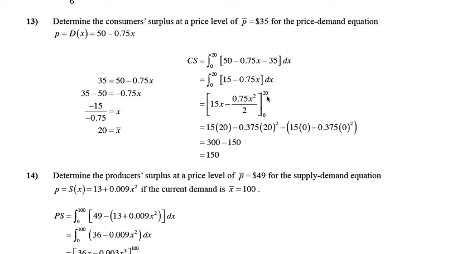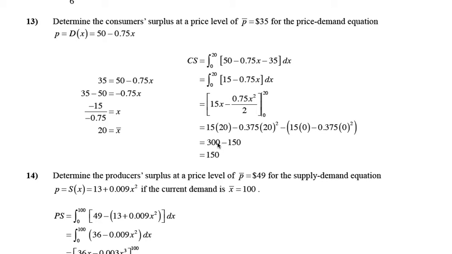When we evaluate the antiderivative, we substitute 20 for this x, so we have 15 times 20, and 20 for this x, so we have 20 squared times 0.75 divided by 2, which, as I said, is 0.375. That value is going to be 300 for this term and 150 for this one.